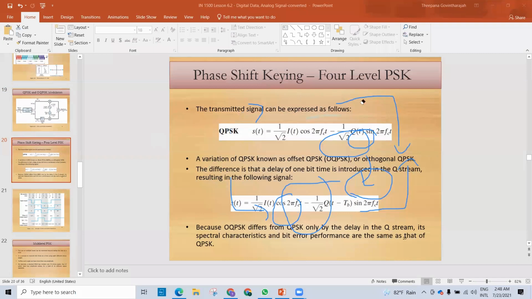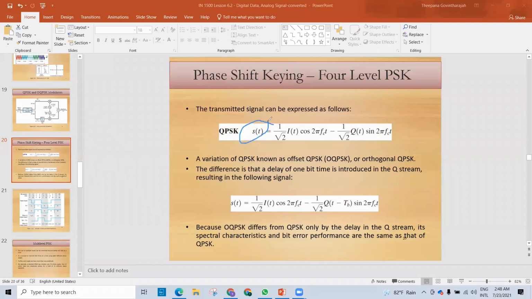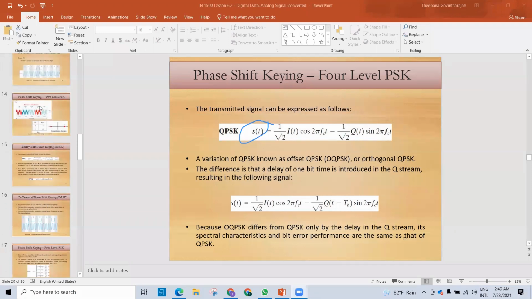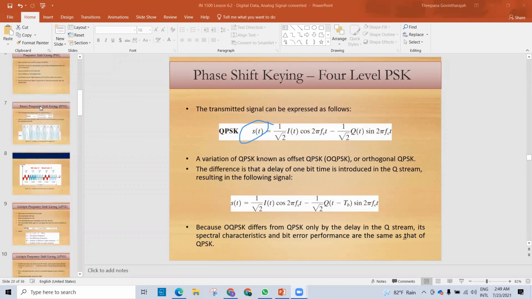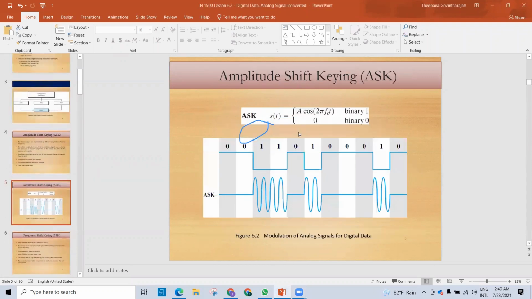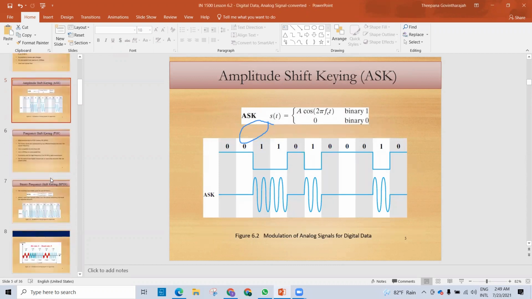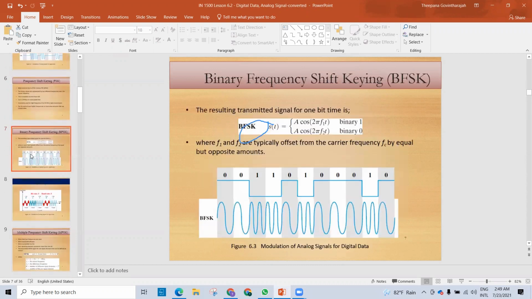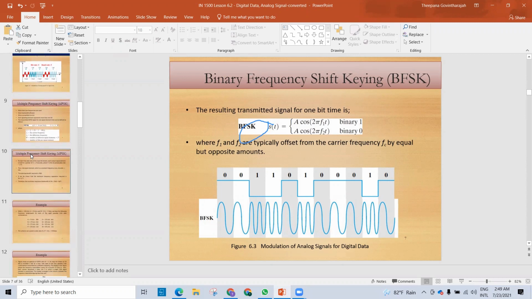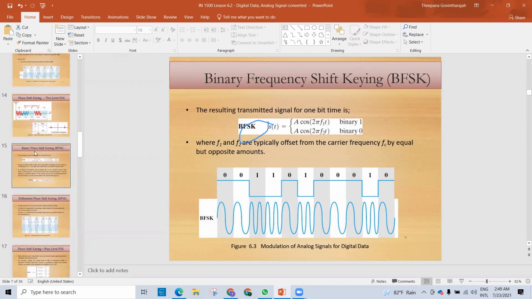When we see it in a deeper manner, the resultant ST formula in ASK, as we have seen, is A cos 2 pi fct. And in frequency shift keying, it is A cos 2 pi f1 t. Since the frequency is changing, we are not using the carrier frequency.